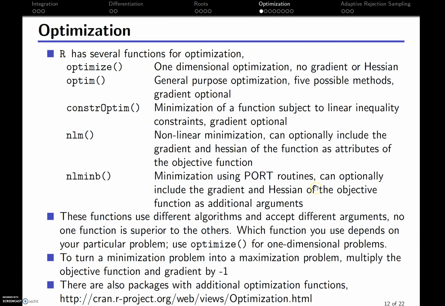Okay, so these functions are each going to use a different algorithm, and they're all a little bit different, so just be aware of that. If you want to maximize a function, then you just multiply your objective function and your gradient by -1. So don't get confused thinking I need to look for a separate set of functions for maximization problems rather than minimization problems. You can use them for both.